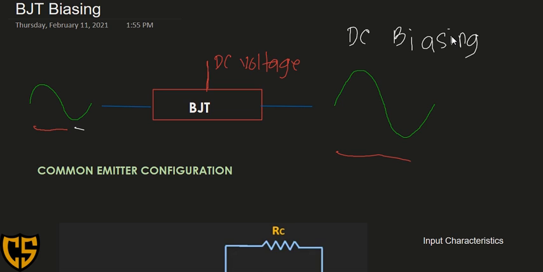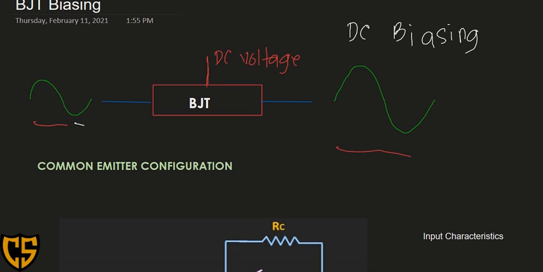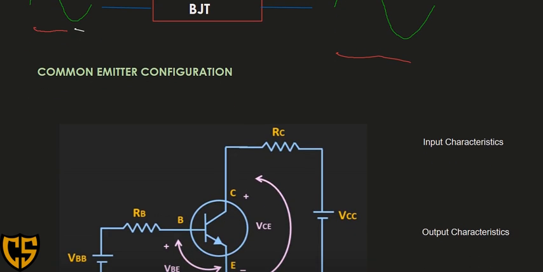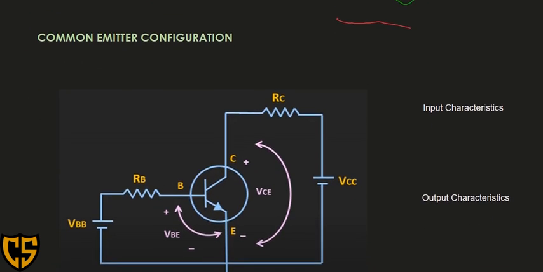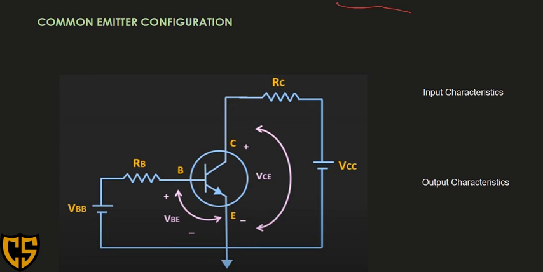So DC biasing in our transistor circuit. One of the common configurations used to represent amplification in our transistor is the common emitter configuration.